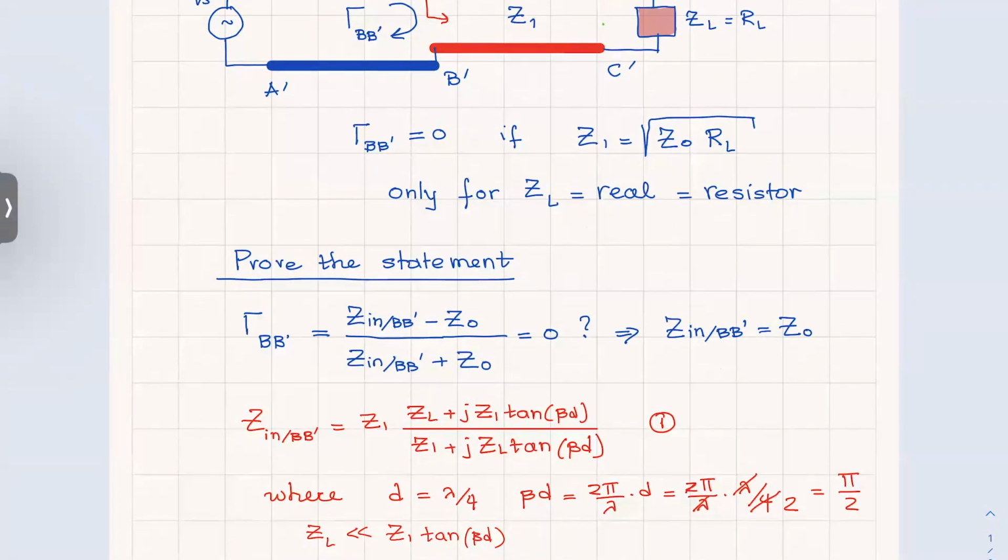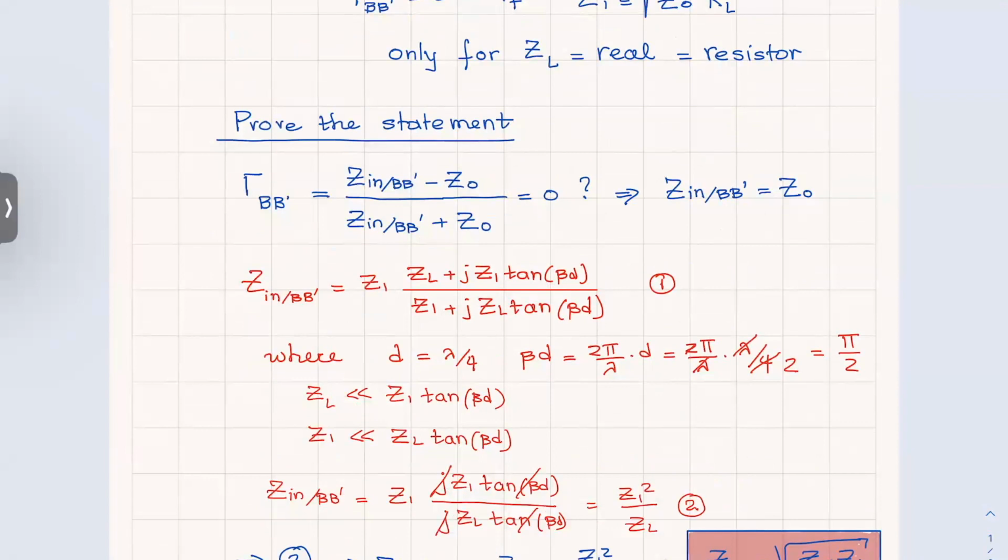Because of tangent beta D. If tangent beta D was not very big, that formula would not apply. And then your Z input at BB prime would never become Z naught. So you need that condition for your Z input at BB prime to be real. Otherwise, it would have been complex and therefore would never match to Z naught.